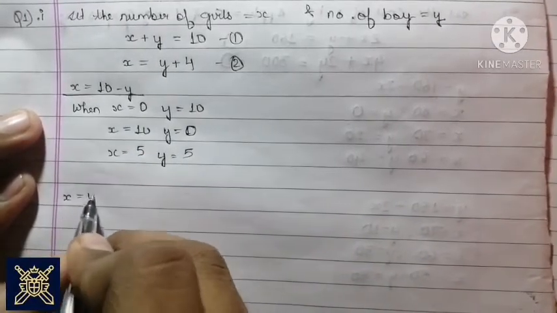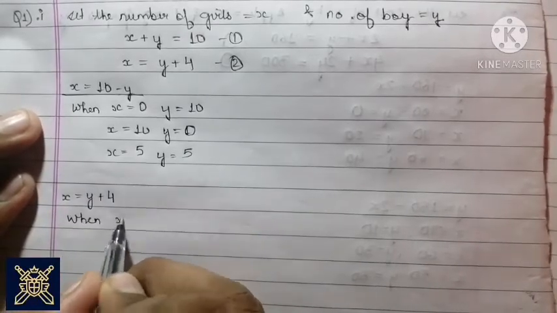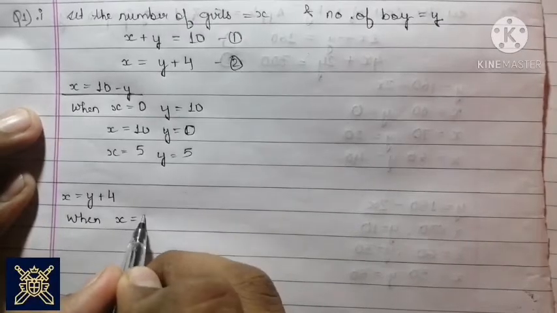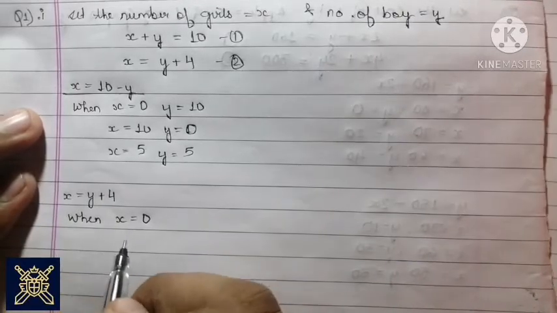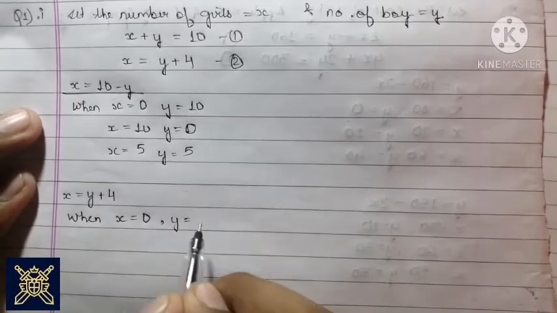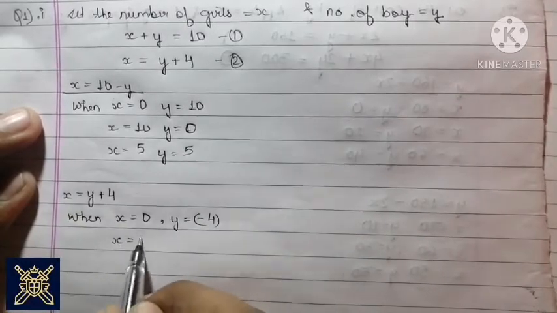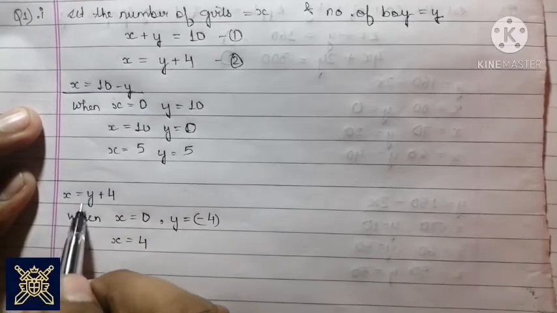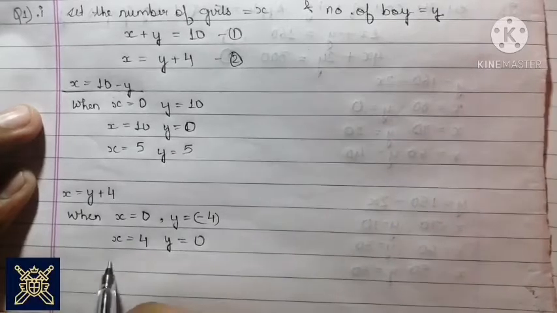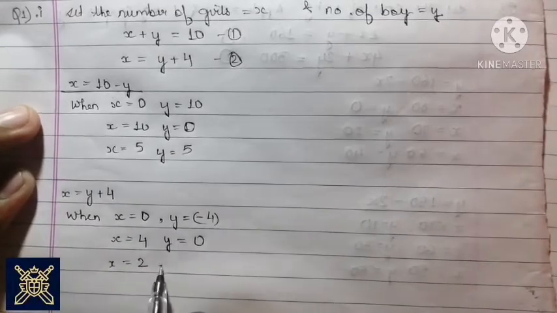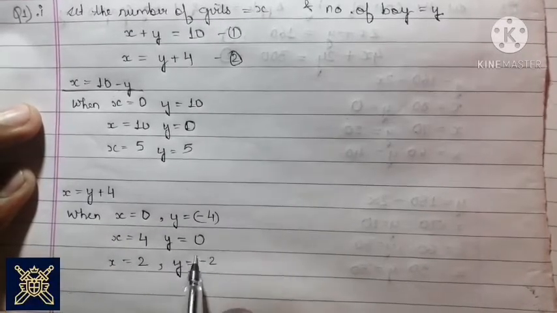When x is equal to 0, 0 is equal to y plus 4, so y is equal to negative 4. When x is equal to 4, 4 is equal to y plus 4, so y is equal to 0. And when x is equal to 2, 2 minus 4 is equal to y, so y is equal to minus 2.